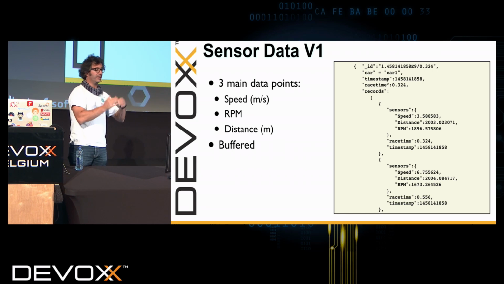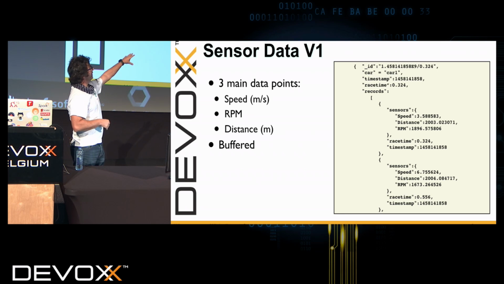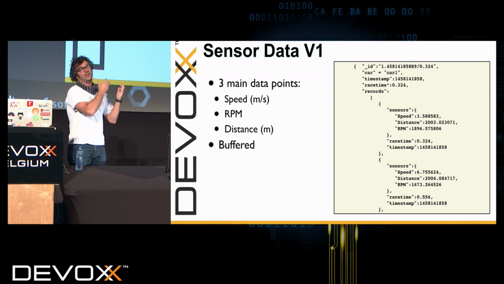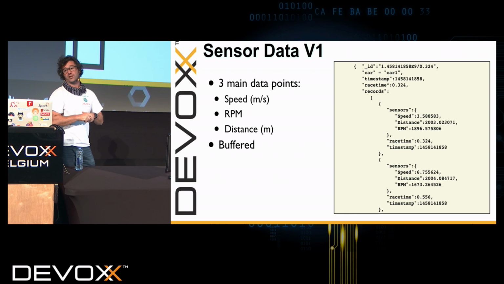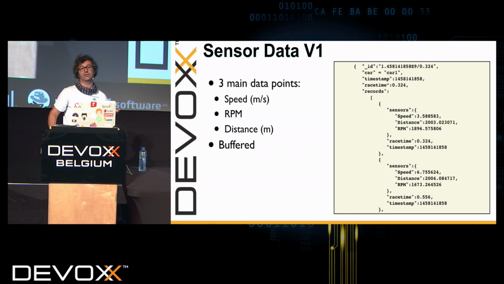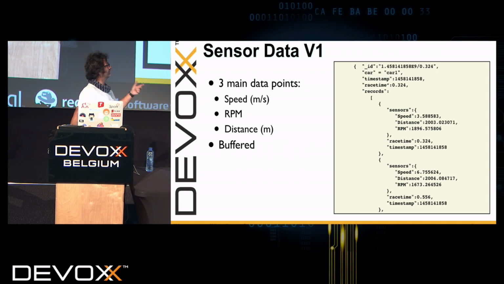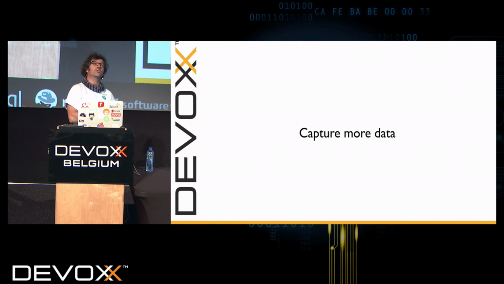Each message will contain a buffer of sensor data. And this sensor data, in this specific release, contains only three pieces of information: the speed, the distance, and the RPM. Quickly, without changing anything in the global architecture, just changing, for example, the code that simulates the sensors, you can capture more data.